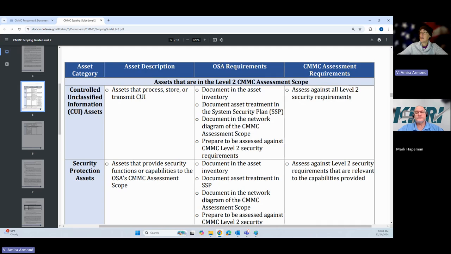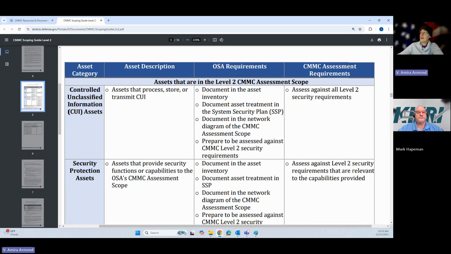And now we have the CMMC assessment requirements. This third column was talking to the IT department, the security officer, the CMMC lead for the contractor. And this fourth column is talking to the assessor, which could be your self-assessor internal to your organization, or it could be a third-party assessor.